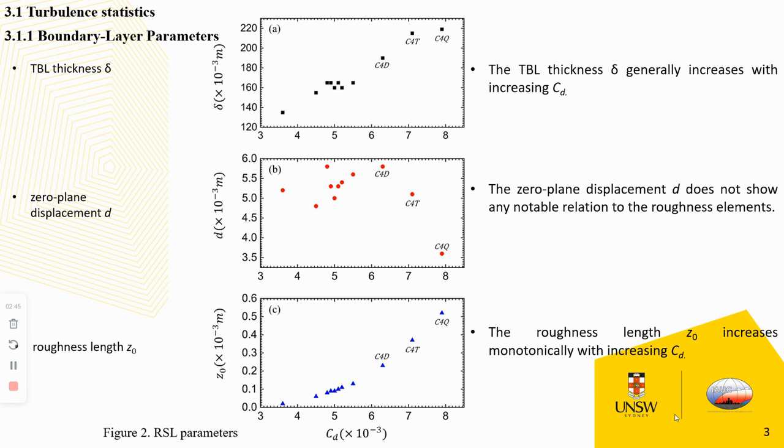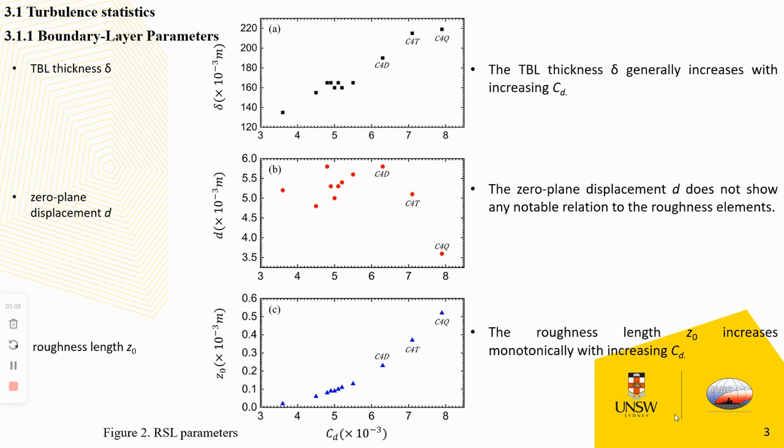The second is the zero-plane displacement, d, and we cannot see a notable relationship between d and the drag coefficient, so it is not necessary to use d to represent the aerodynamic resistance.